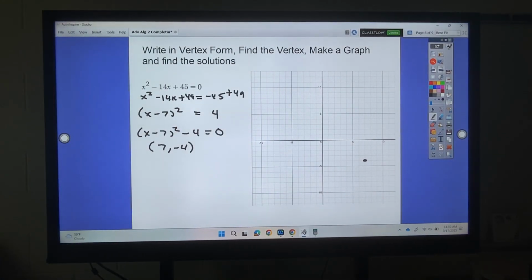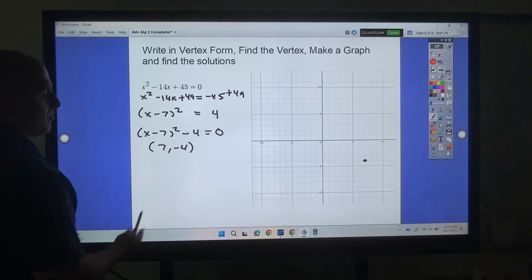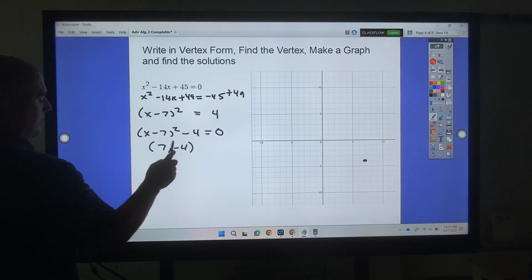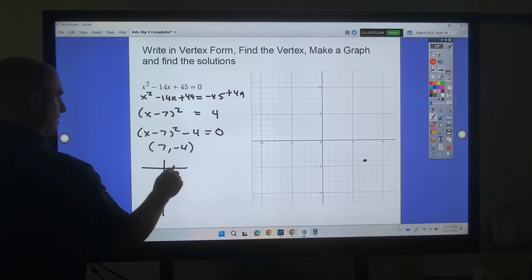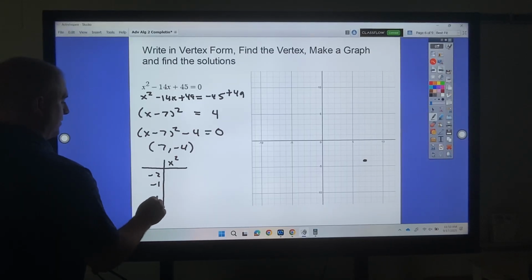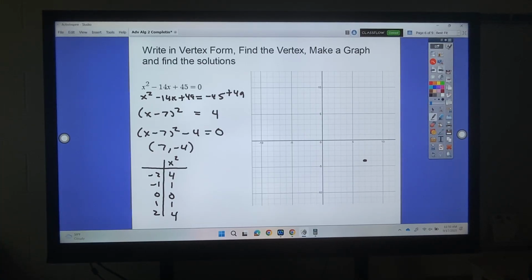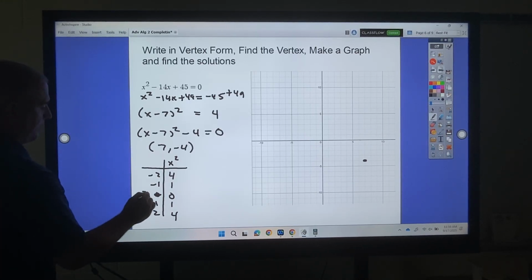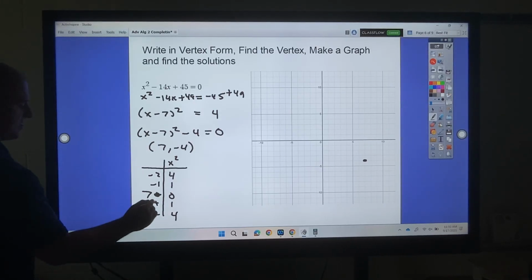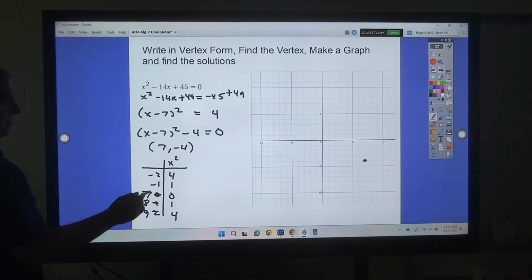Okay, all right. Now, how do I make my graph? This is what we started the year doing. Okay, all right. So it's a squared, so negative 2, negative 1, 0, 1, and 2. That's going to be 4, 1, 0, 1, and 4. Okay, so I want to solve the inside. That now becomes 7. There's nothing attached on the next part, so that's 8, and that's 9.